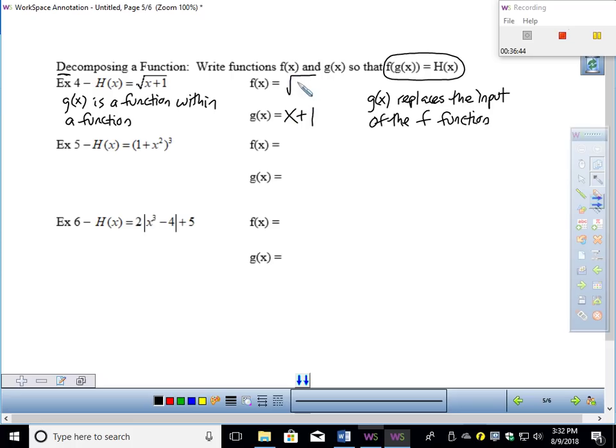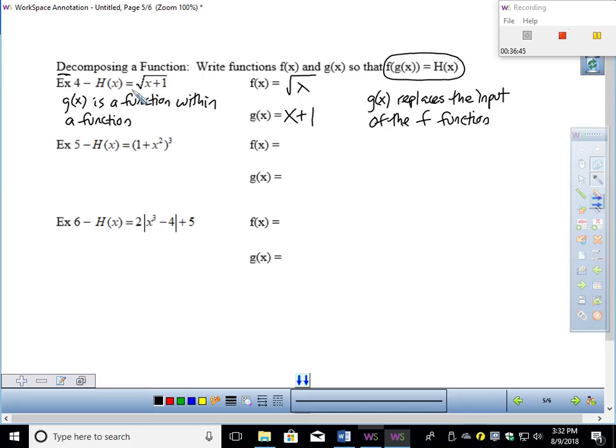Which means whatever you took out, just replace it with x. What's kind of cool about this is you can sort of see it. f composed of g of x would mean this replaces the x in that function right there. And if this substituted in for there, I hope you would agree, that's what we would get.